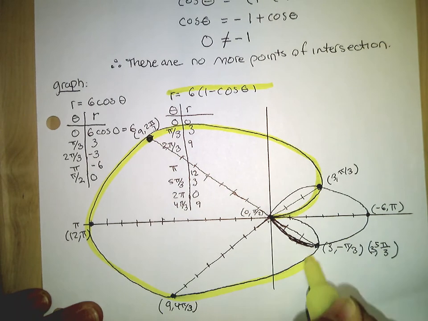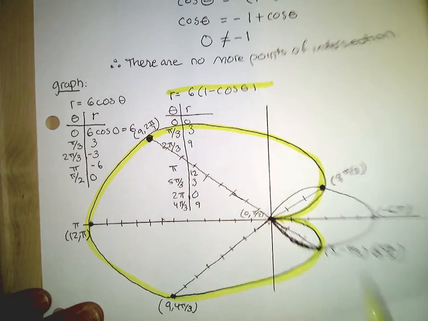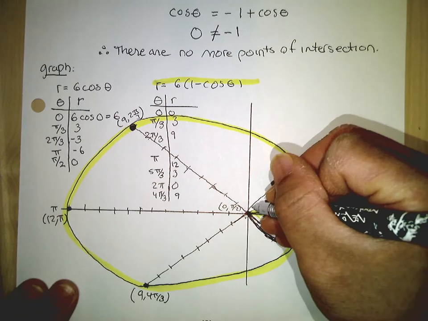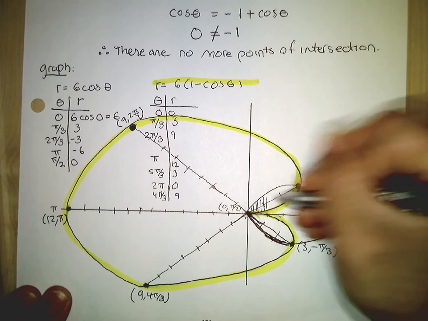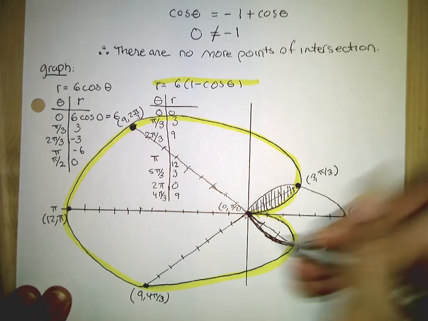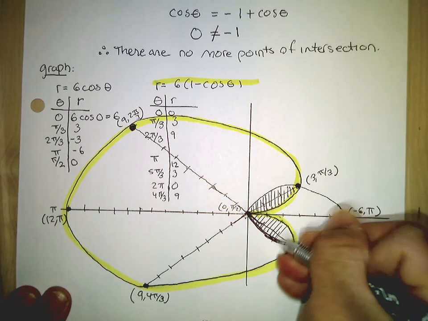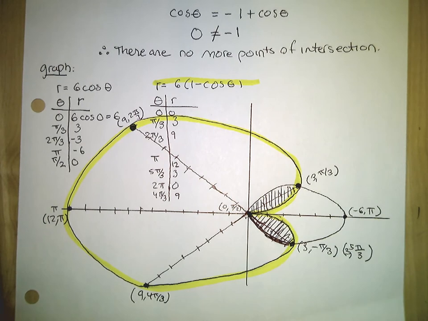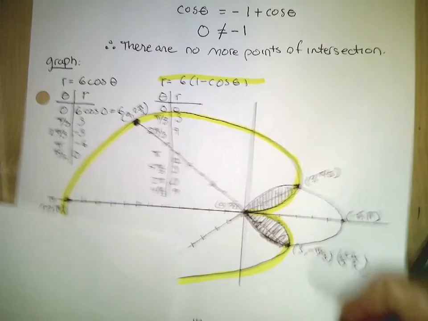There we go. So now you can definitely see the intersection of these curves is right here and right here. Right? So if you want to find this area, then you can find the area of just one of these parts and then double this.